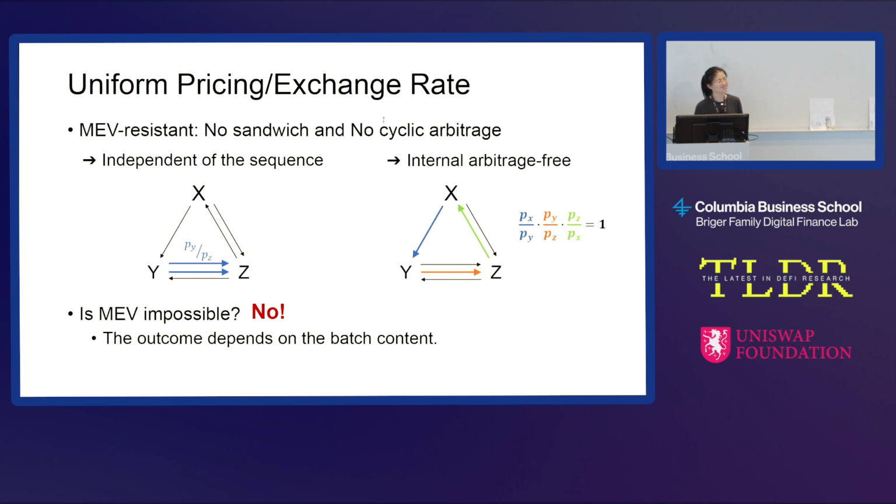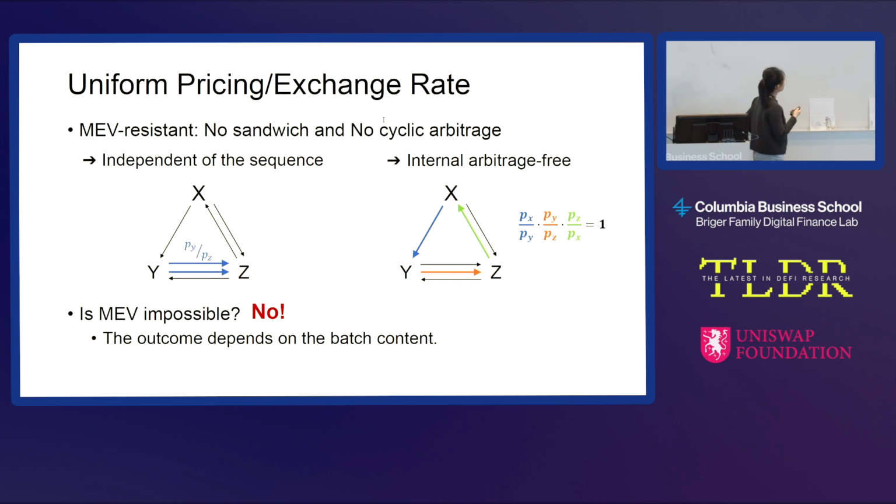Yeah, it's widely believed that batch auction is kind of MEV resistant. It's mainly because all transactions will be executed according to uniform prices.